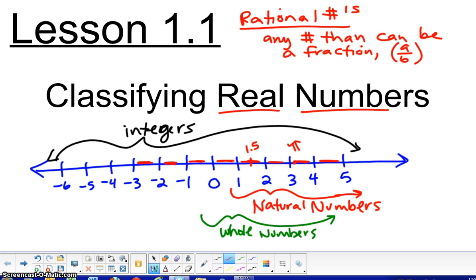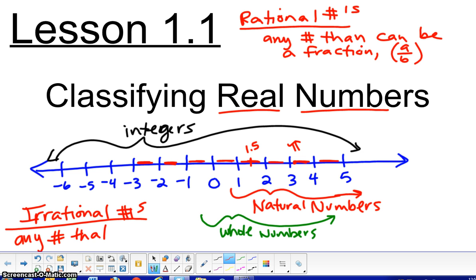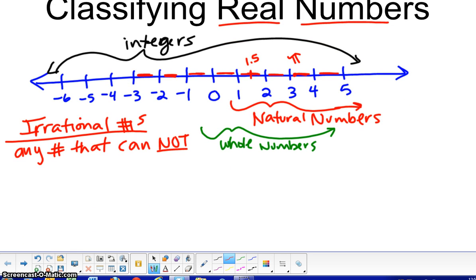So irrational, let's put that over here, irrational numbers are any number that cannot be a fraction.